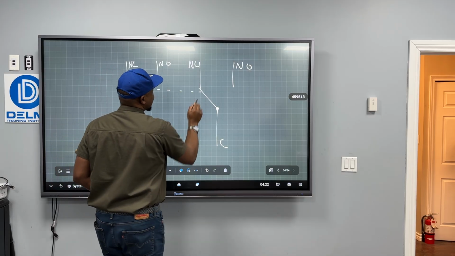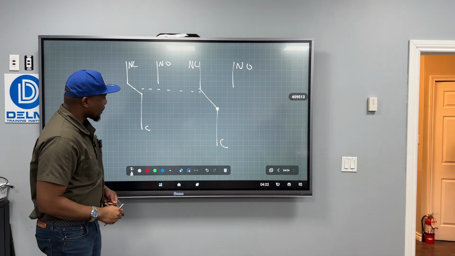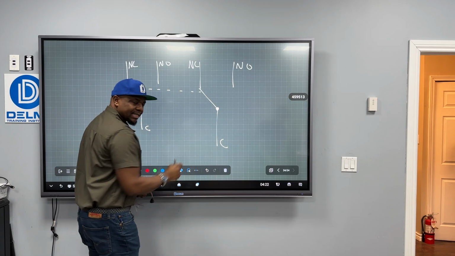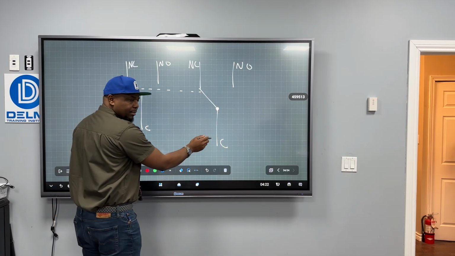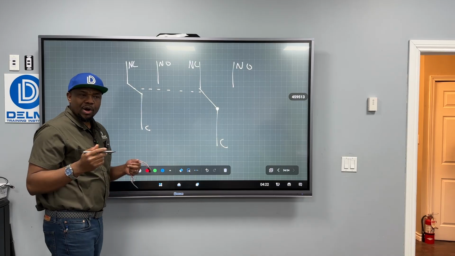These 2 arms are connected together. So these are 2 separate circuits that are here like this. This is a common, that is a common. Right? So what is happening here?